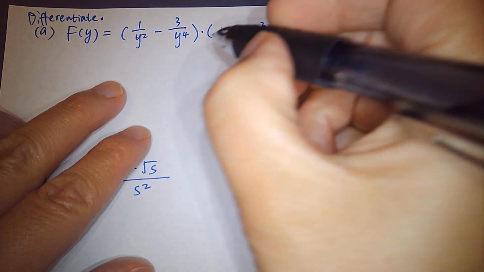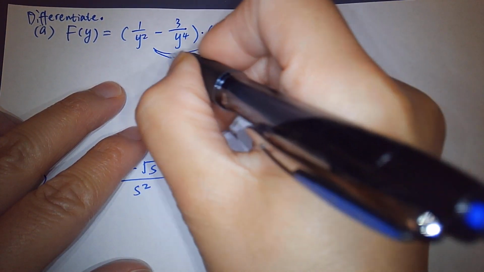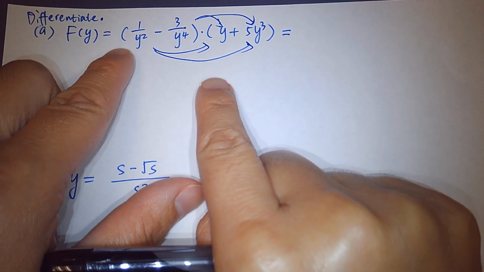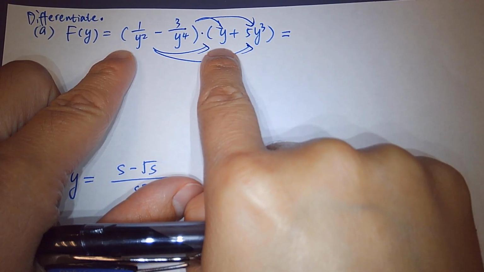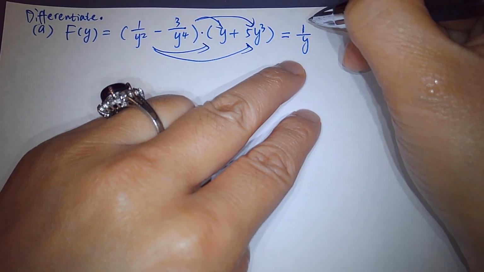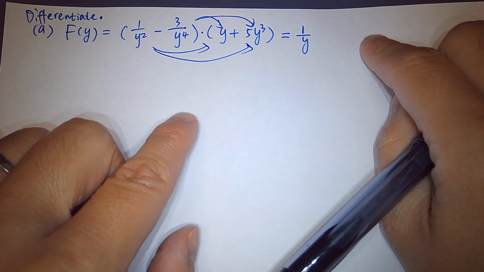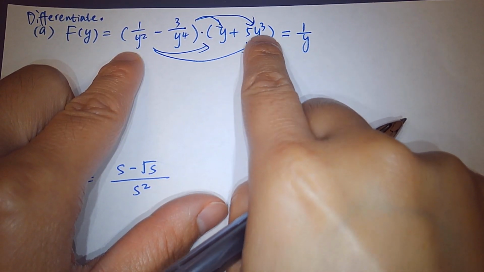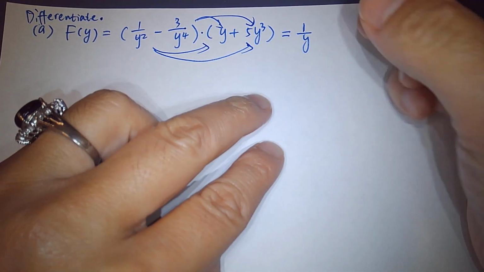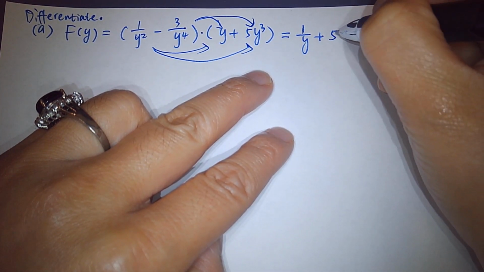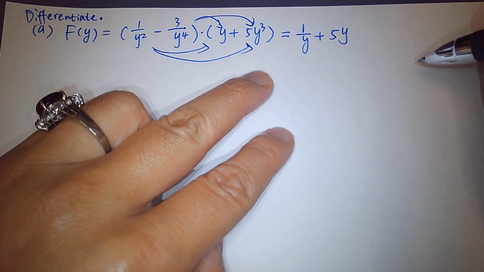So how do you simplify? Like this, right? So 1 over y squared times y, we get 1 over y, right? Everybody agree with this? Okay. And 1 over y squared times 5y to the cube is 5y to the cube over y squared. 5y to the cube divided by y squared gives us 5y, right?